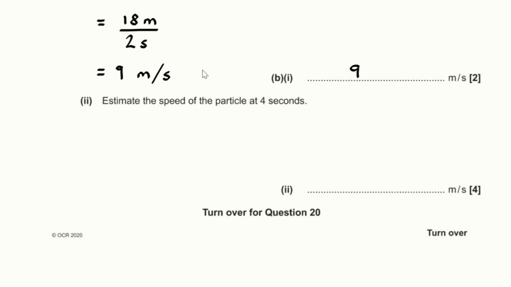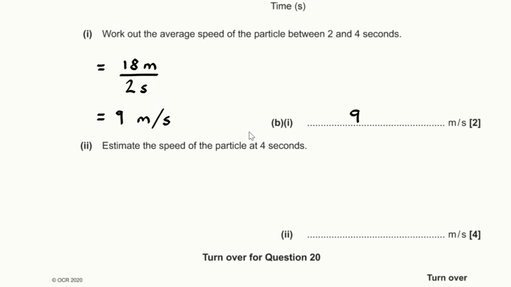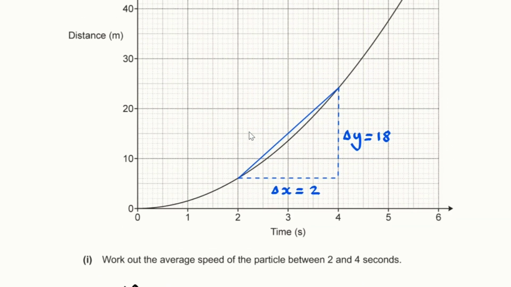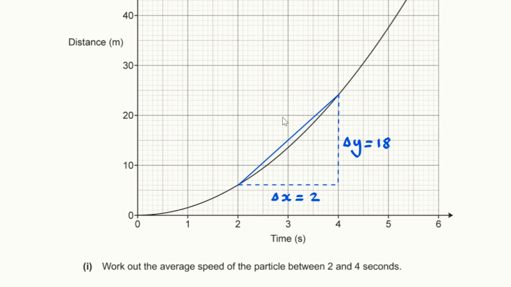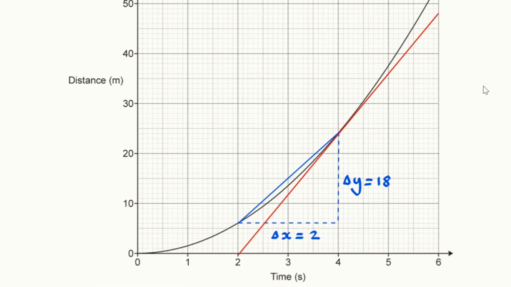Then we have to estimate the speed of the particle at 4 seconds. We need to draw a tangent at x equals 4. Here is a tangent at x equals 4. The change in x from 2 to 6, that's 4.